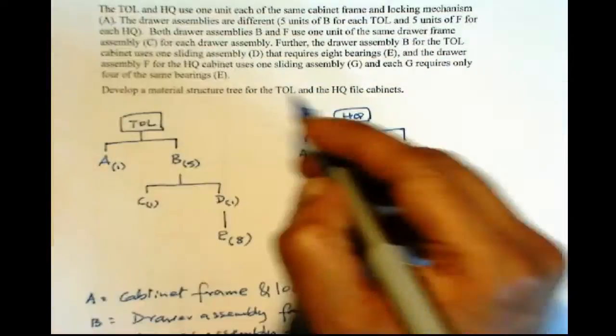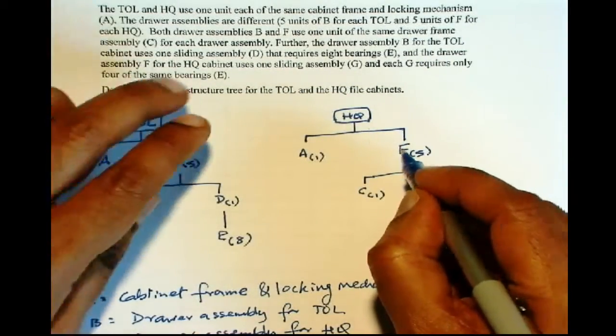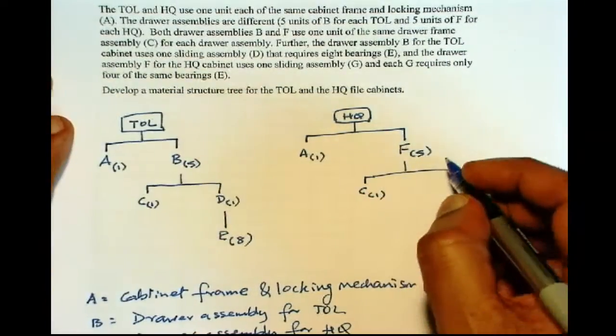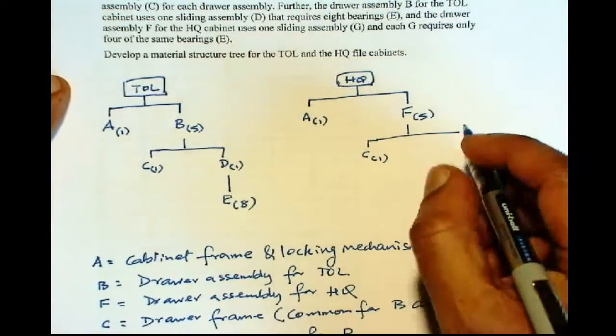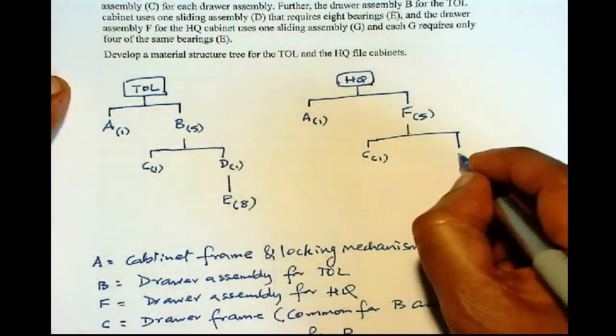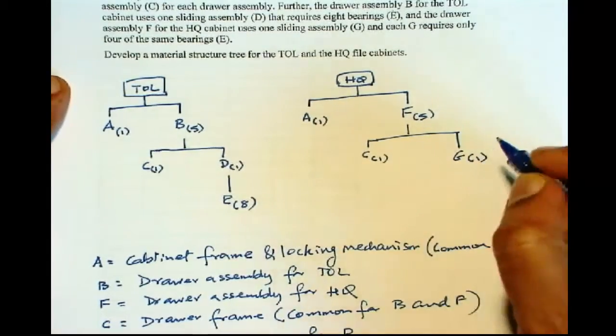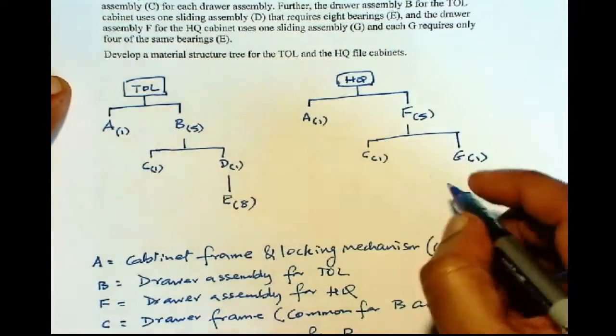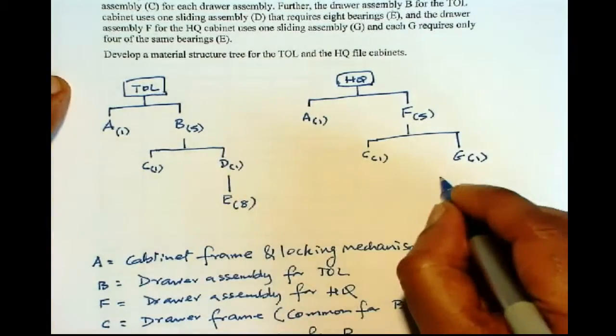And the drawer assembly F for the HQ cabinet uses 1 sliding assembly G. So this one uses sliding assembly D, this one uses sliding assembly G, that requires only 4 of the same bearings.